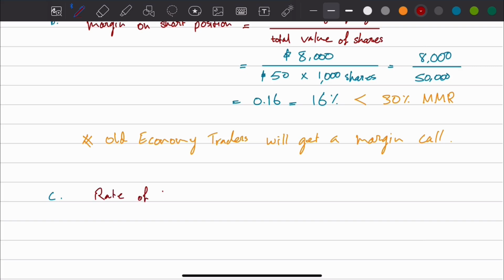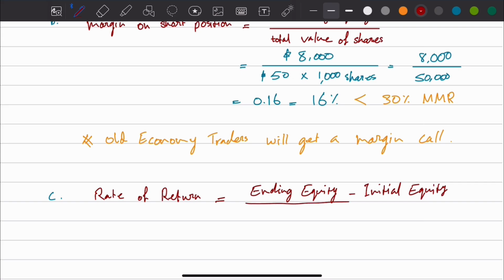Rate of return is going to equal the ending equity minus initial equity divided by the initial equity.